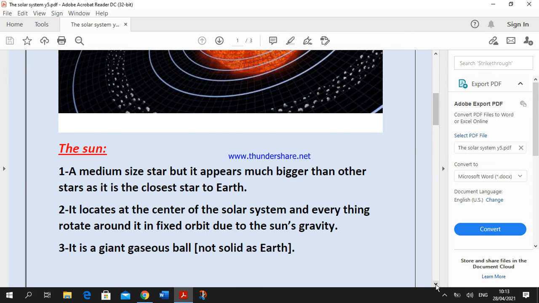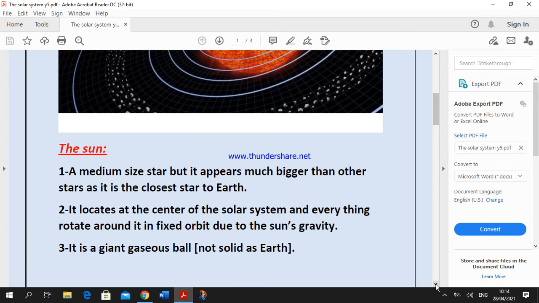As we see in the figure, the Sun is located at the center of the solar system, and everything in the solar system rotates around it in fixed orbits, due to the presence of the Sun's gravitational force that keeps each planet in its orbit.